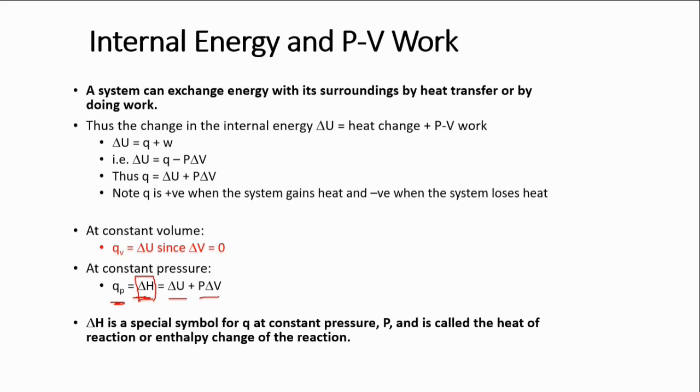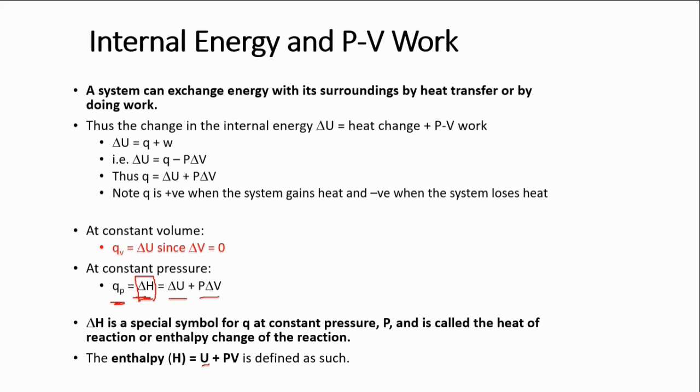And hence this can bring us to a more complicated definition. Right? The more complicated definition is that enthalpy is the sum of the internal energy plus the product of pressure and volume. Alright? Enthalpy change is sometimes referred to as the heat of a reaction, or enthalpy change of the reaction. Okay?